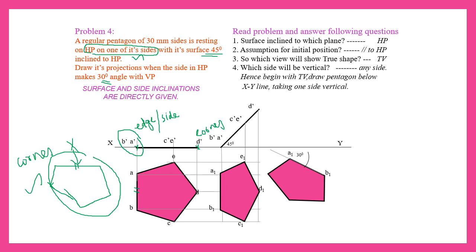So this side will be inclined 30 degrees. So you have to tilt this shrunk pentagon by 30 degrees, and then you will project all the 5 points. You will also project horizontally. By drawing like this you will get the final front view and top view.